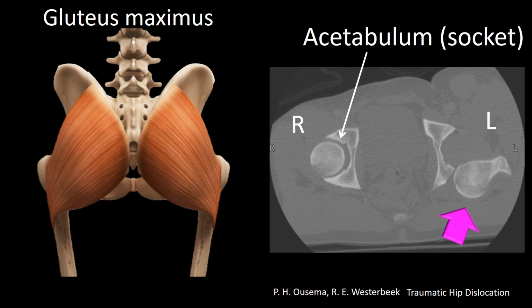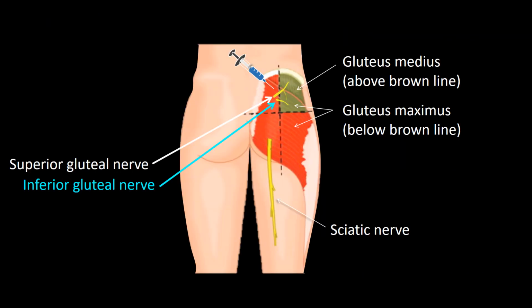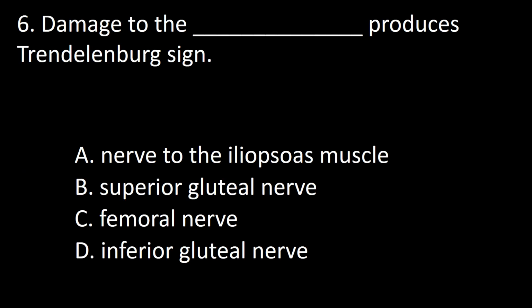You can see that the left femoral head is behind the acetabulum. Compare the left side with the normal side on the right. Injury to the inferior gluteal nerve can also occur after intramuscular injection to the superomedial gluteal region, as we previously mentioned. So the answer to this question is B.